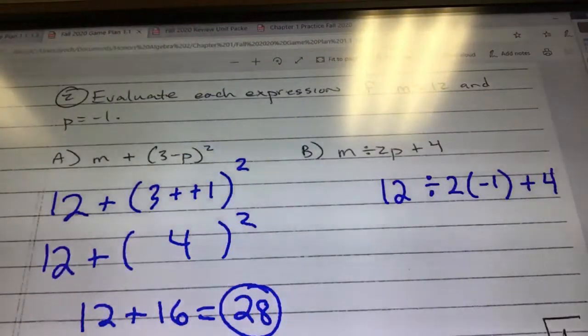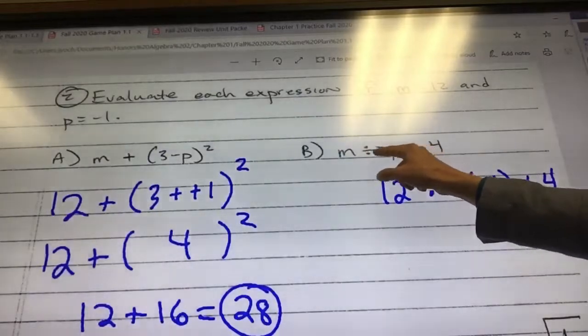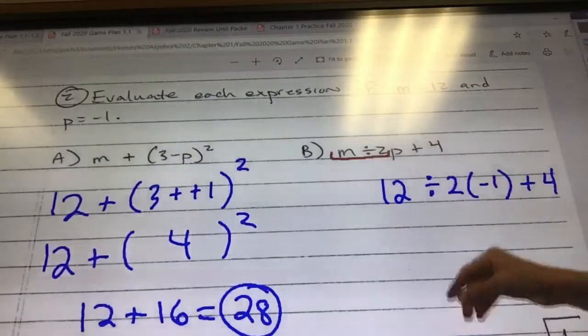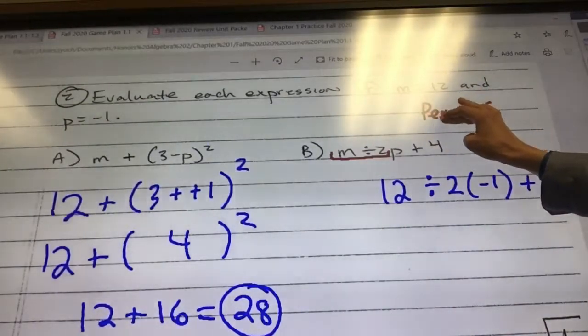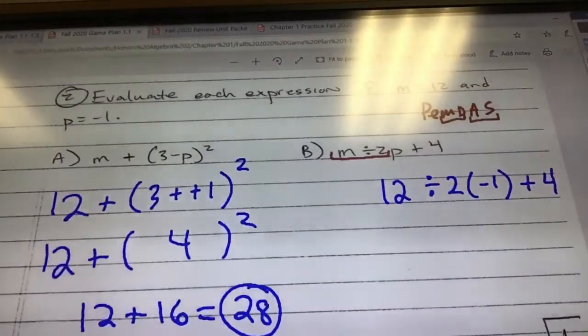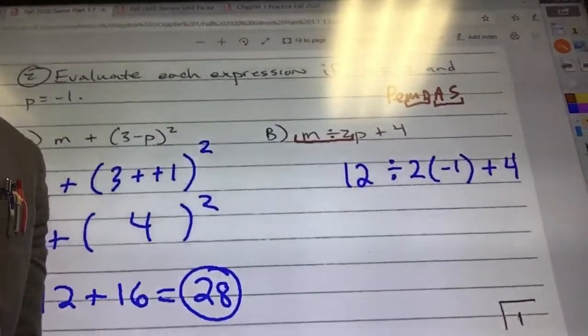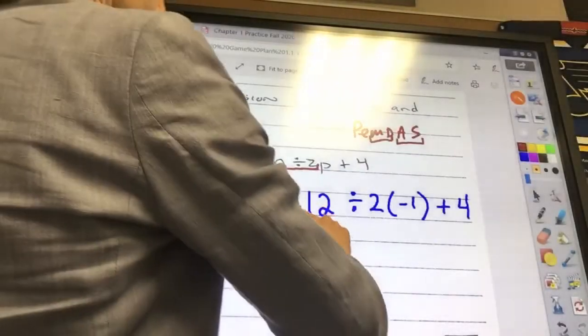If we were to see this problem, what do we got? This is multiplication, 2 times P. This is division. Remember, multiplication and division are on the same level, and the same thing with addition and subtraction, you go in order. So, let's put it there. Gotta do this first.